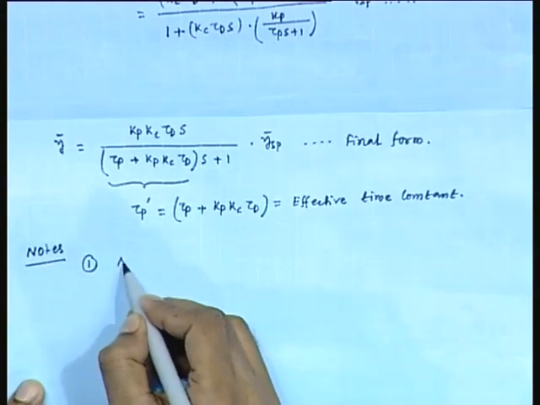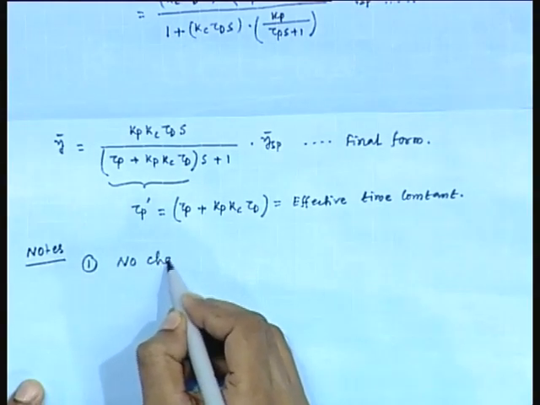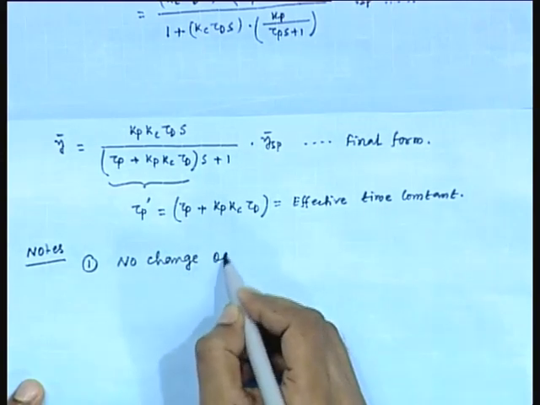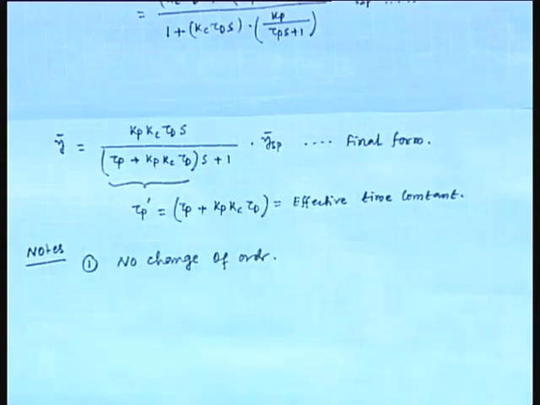We have taken a first order process and the overall process is also first order. So, there is no change of order of the overall system. This is the first point.